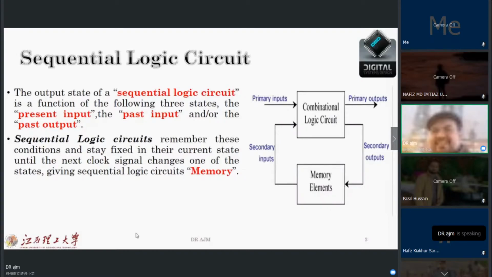Then the sequential logic circuit remembers these conditions and stays fixed in the current state until the next clock signal changes one of the states, which gives the sequential logic circuit memory.